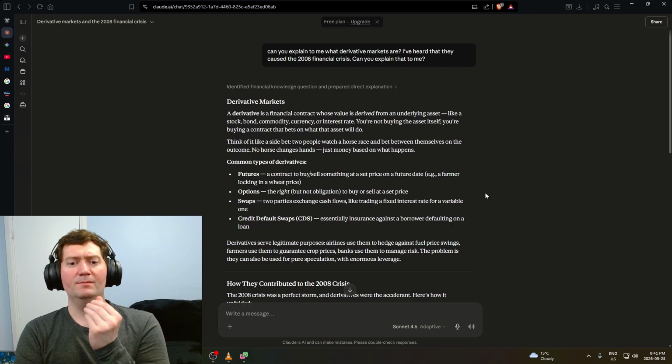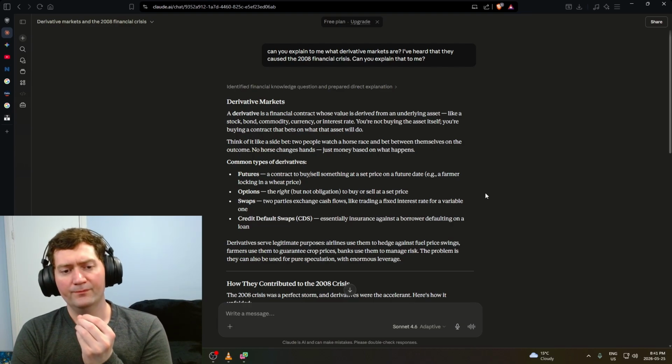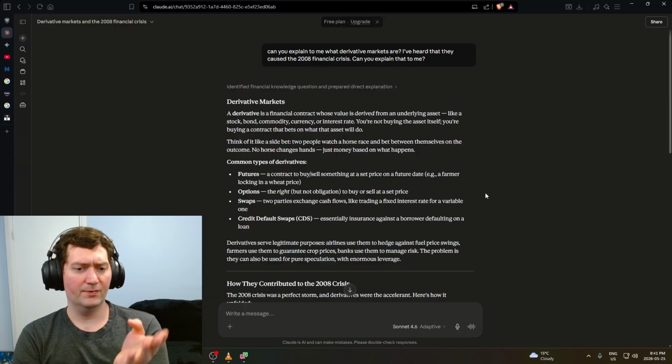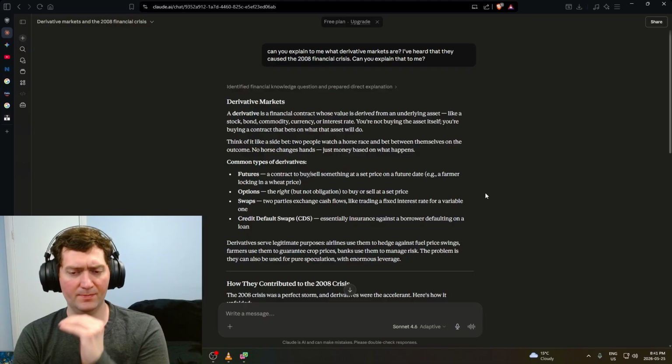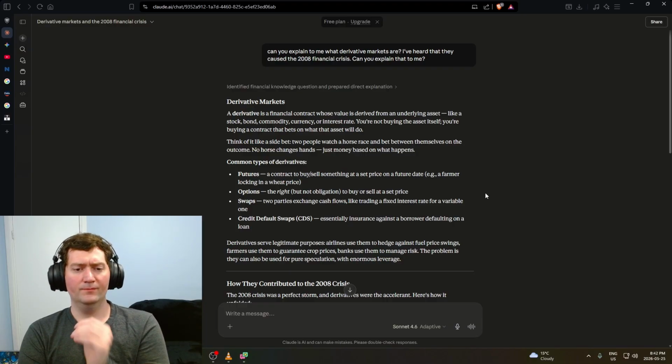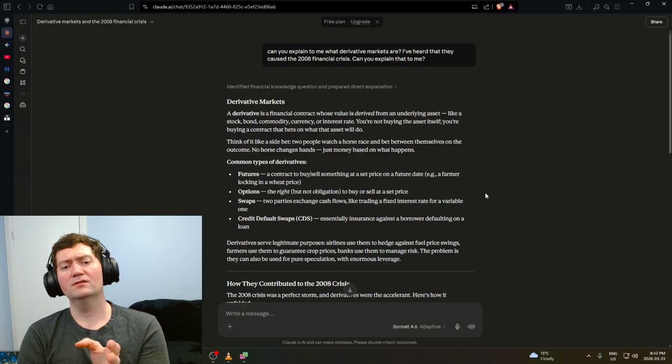They'd have the right to buy or sell at a fixed rate at a certain time. The right to buy or sell at a set price. But you don't have the obligation to sell.